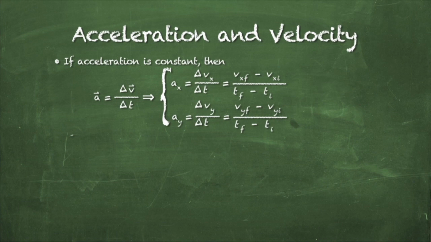Similarly for y, the acceleration in the y direction is the change in the y component of the velocity divided by the change in time, and that's equal to the final y velocity minus the initial y velocity, all divided by final time minus initial time.